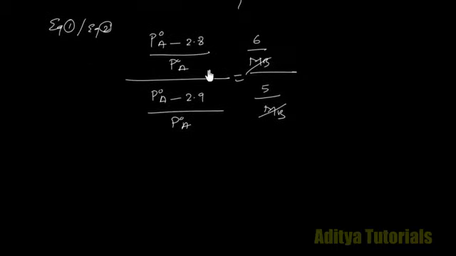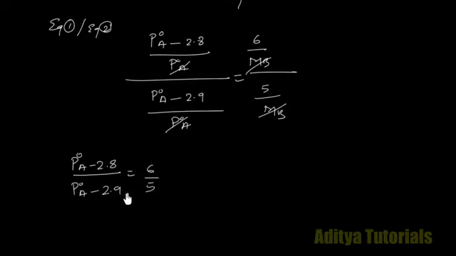Along with that, these two terms get cancelled, and we simplify one step more. Here I get (P naught A minus 2.8) divided by (P naught A minus 2.9) is equal to 6 divided by 5.